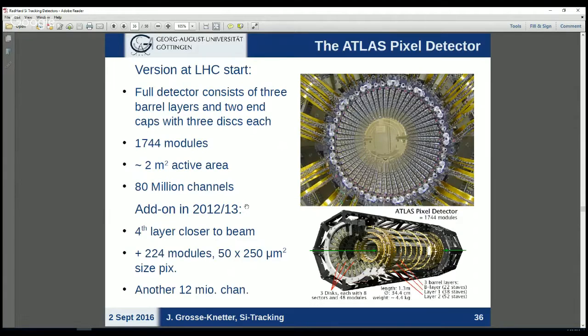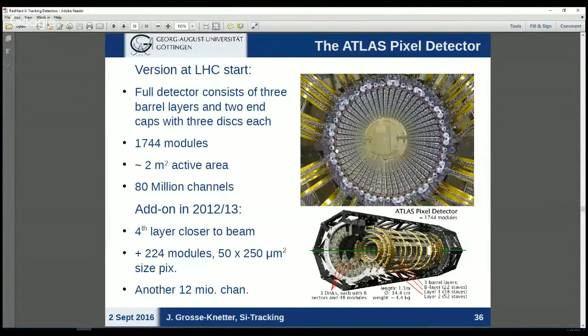And to turn this into an entire detector, we have carbon structures on which these modules are glued. So each one of these very tiny rectangles here is what I showed on the previous slide as a module. The entire thing forms a barrel, which is then wrapped around the beam pipe in the LHC. In the innermost part of the ATLAS detector, we have 3 of these layers nested inside each other.